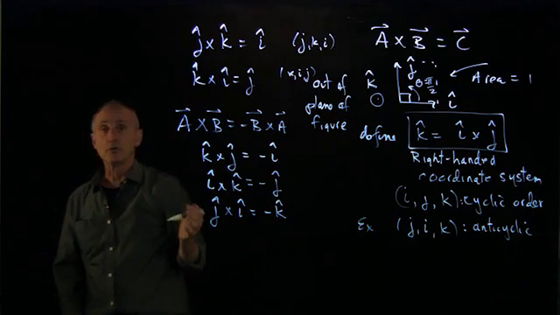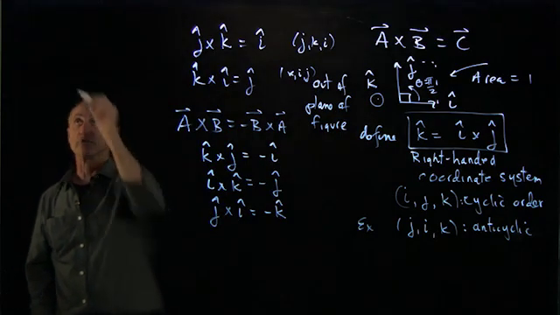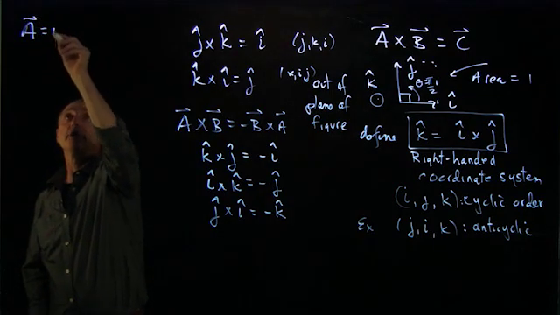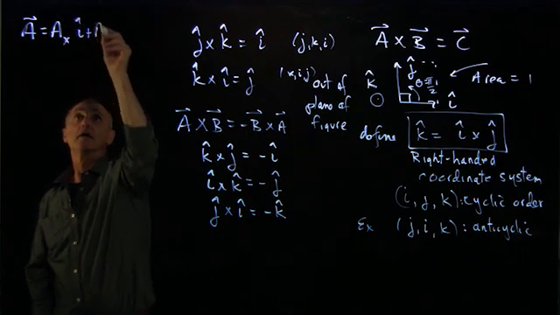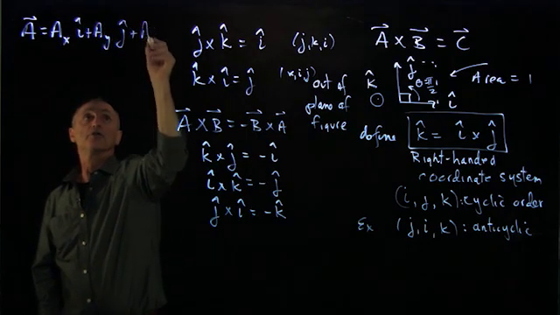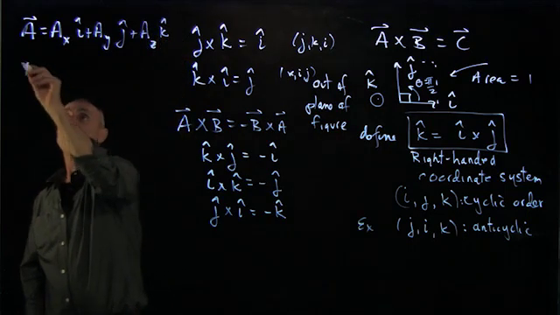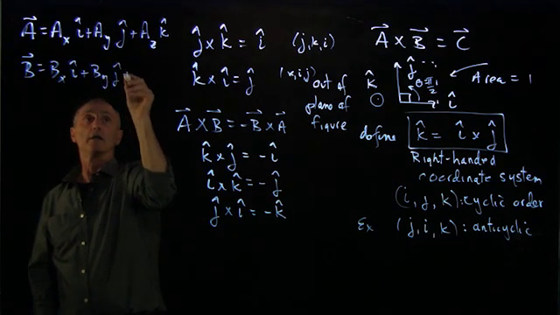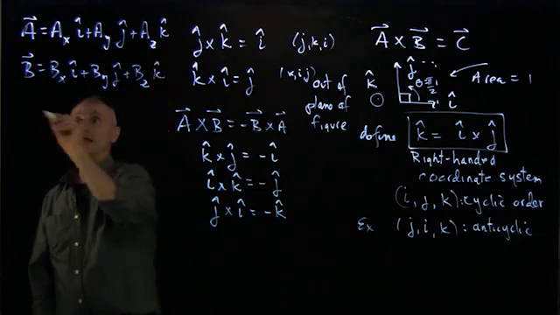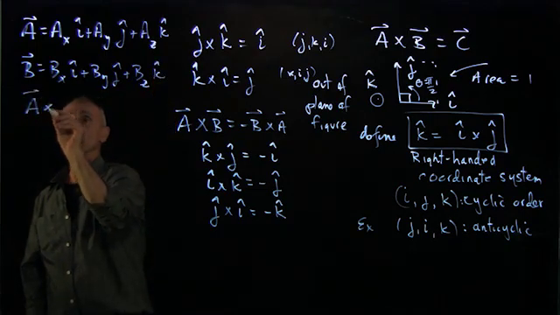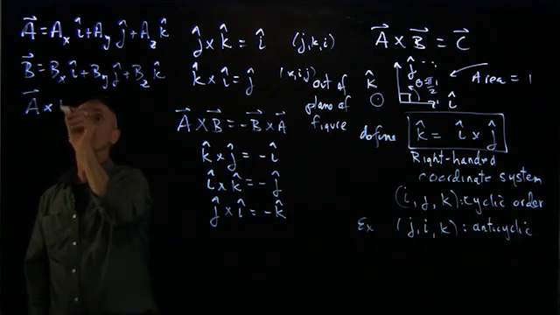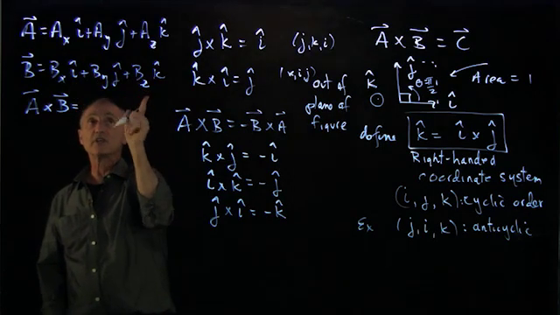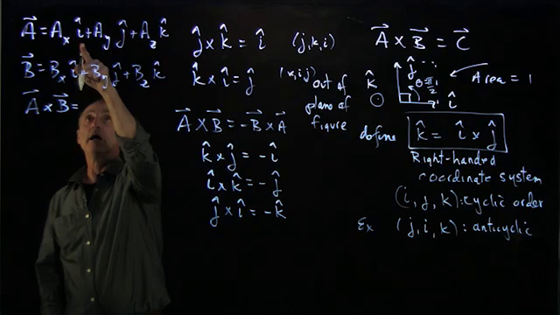Now, when you want to compute the cross products in Cartesian coordinates, it can be a little bit messy. There's going to be a lot of terms. If I write a vector A as ax i hat plus ay j hat plus az k hat, and I write a vector B as bx i hat plus by j hat plus bz k hat, and now I want to compute the cross product of these vectors to get the new one, notice that there's going to be six terms.